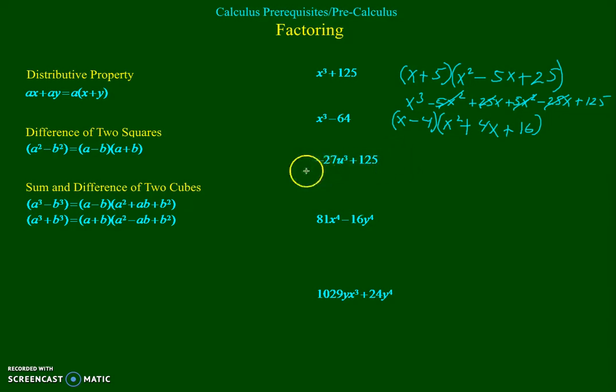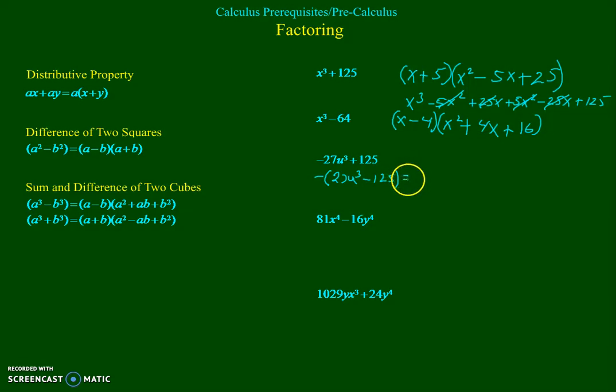In this case, though, what we're going to do first, using the distributive property, is pull out a negative sign. So what I'm going to start with is pulling out the negative. Then I have 27u cubed minus 125. That gives me a negative of a difference of two cubes.